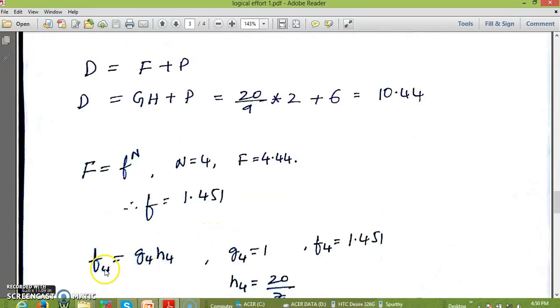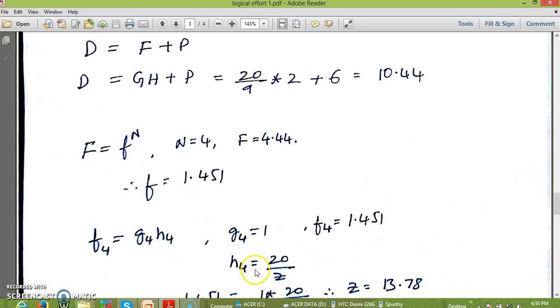And we know that f is given by G into H. So all the f's will have the same value of 1.451. So f4 is equal to G4 into H4. We know G4 is for an inverter, so it is 1. f4 is 1.45. So H4.